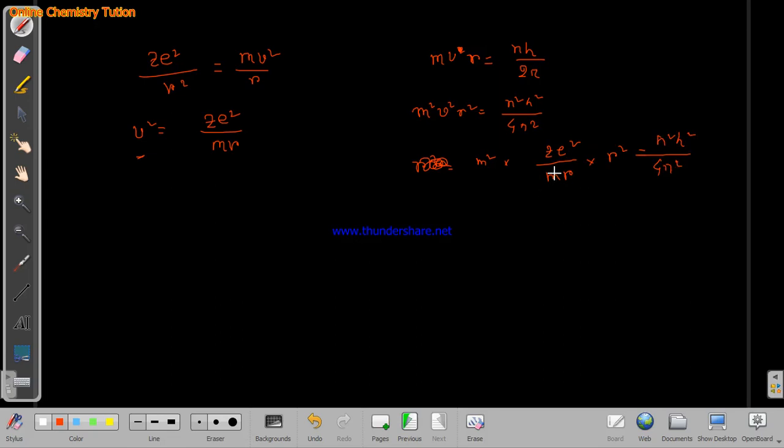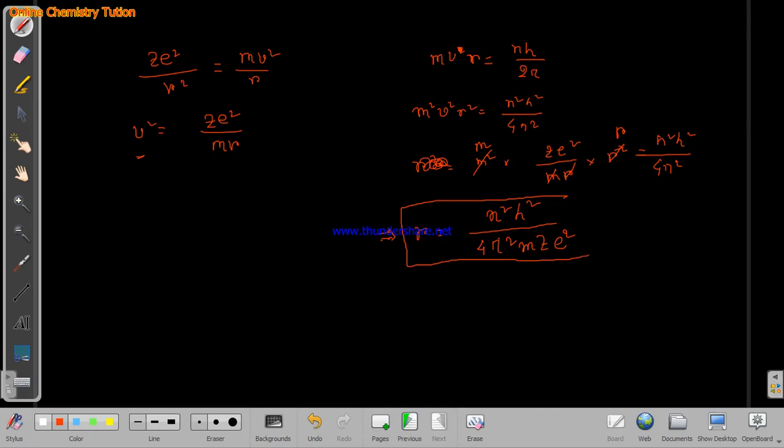Now m cancels out, r cancels out. So we get r equal to n square h square by 4 pi square m Ze square. This is the value of r.